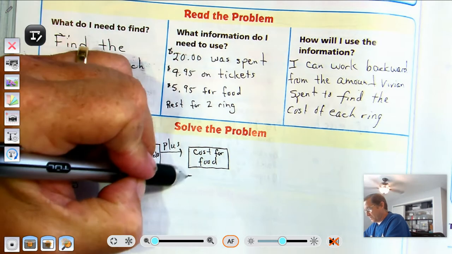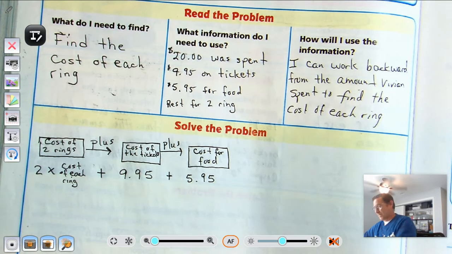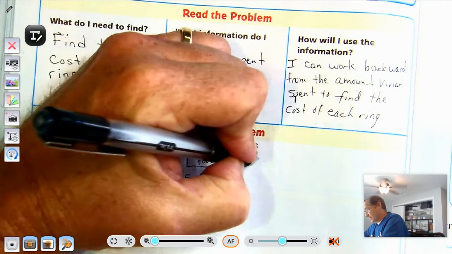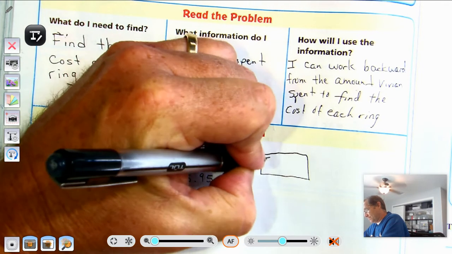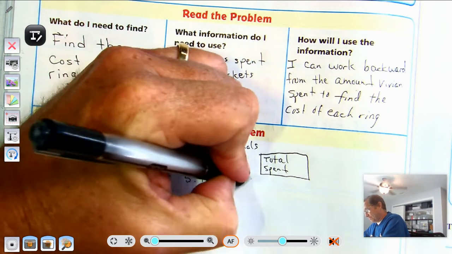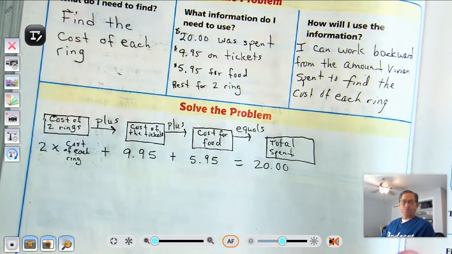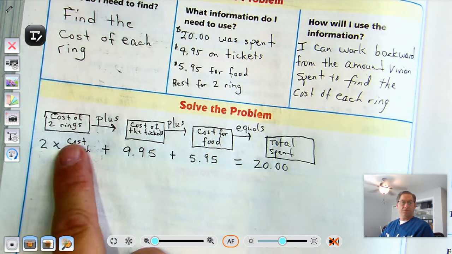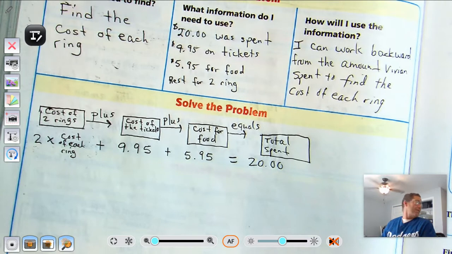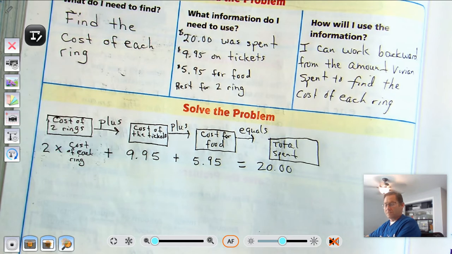So the cost of the food was $5.95. And all of that equals the total that she spent. All right. So we have the cost of the 2 rings plus the cost of the tickets plus the cost of the food equals $20.